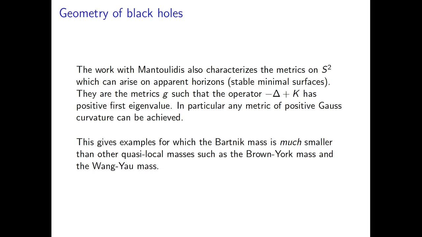So in a precise sense, the Bartnik mass is sort of the smallest possible quasi-local mass. That, in fact, was one of the motivations for it. And so these examples show that it can be made much, much smaller than the, I think, most promising quasi-local mass, which is the Brown-York or Wang-Yau mass. Okay, and so I think that's all I have, so I'll stop there.